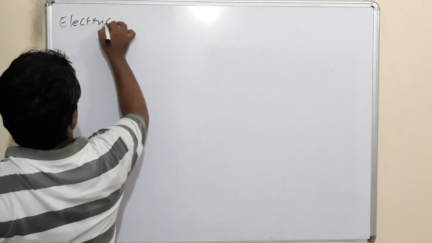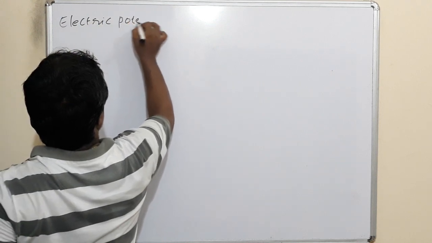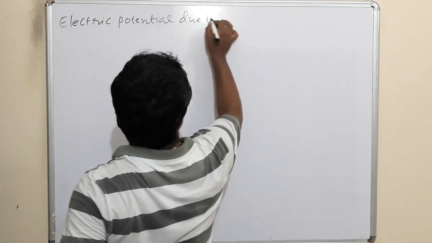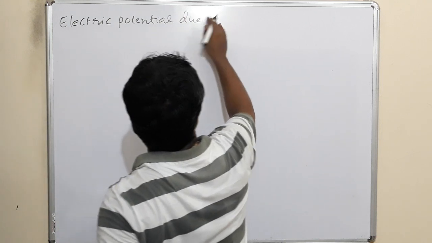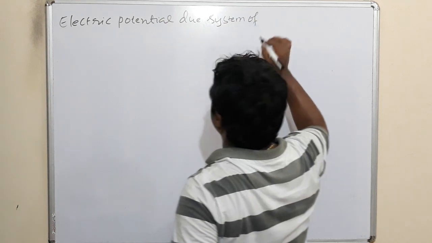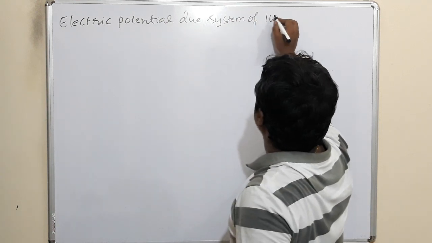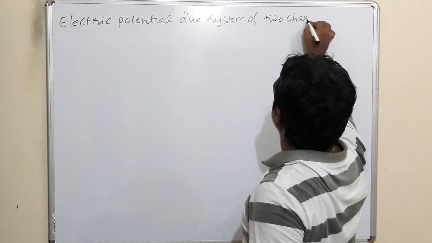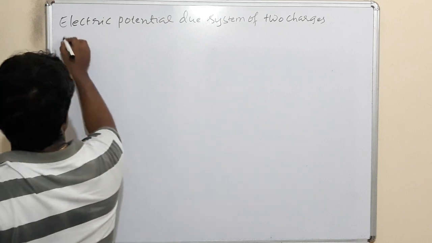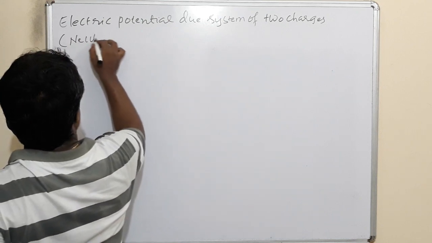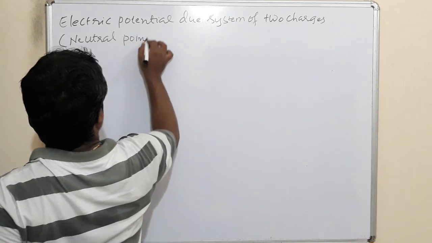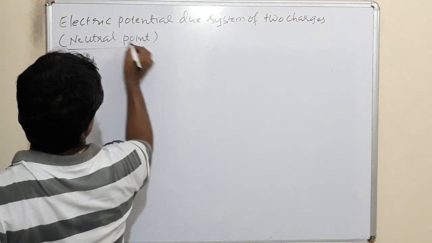Electric potential due to a system of two charges. One important thing we are discussing here is how to find the neutral point, as we have calculated it in the case of electric field.